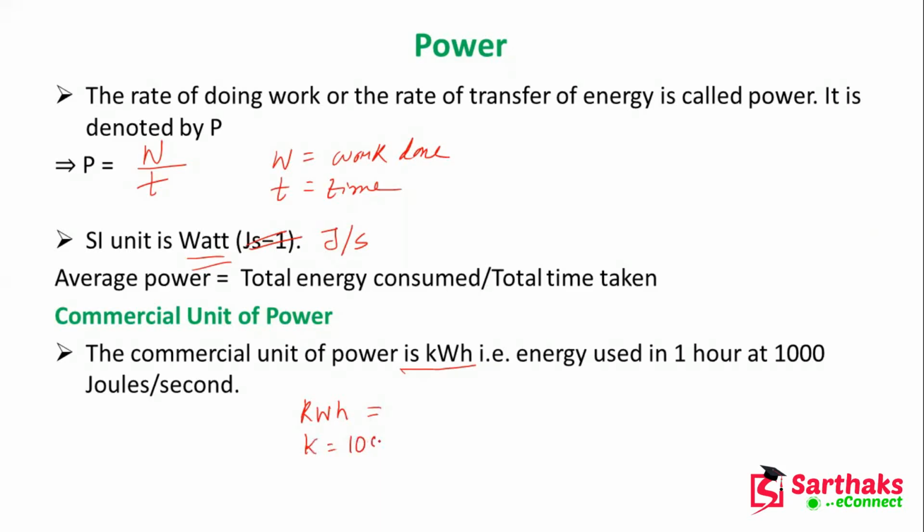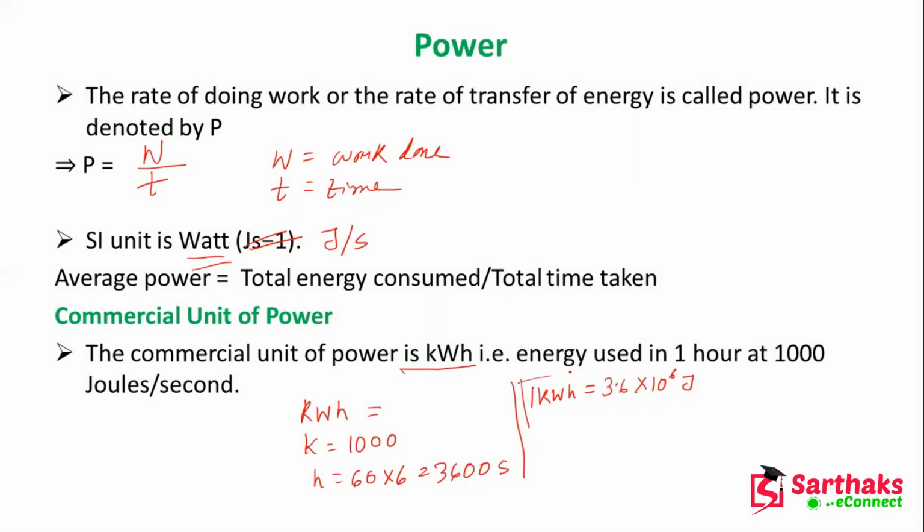Now one thing I want to tell you, kilo means 1000, and hour is 60 into 60, that is 3600 seconds. So using this, 1 kilowatt hour we can write as 3.6 into 10 to the power 6 joule.